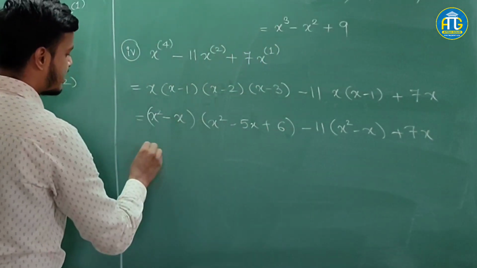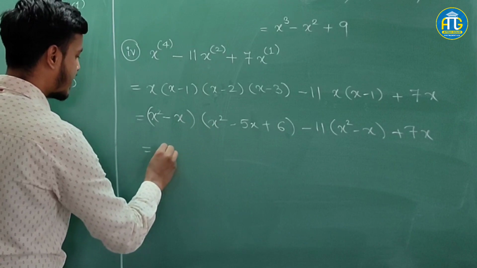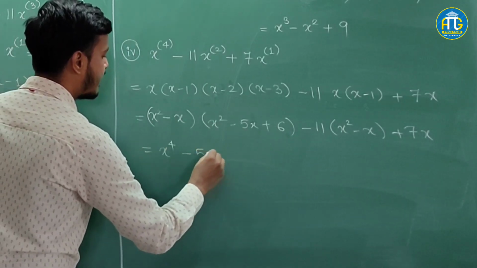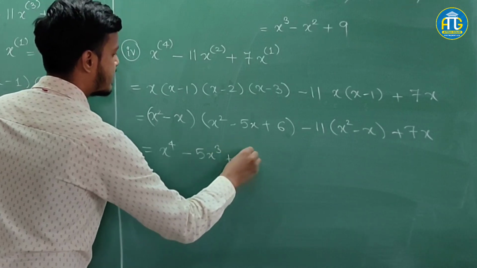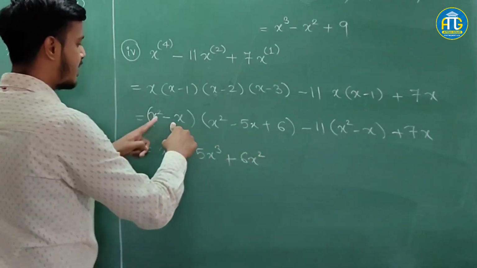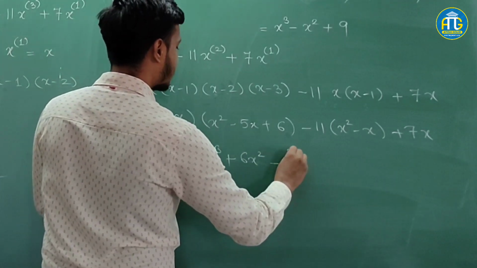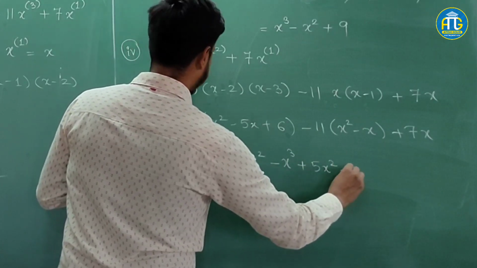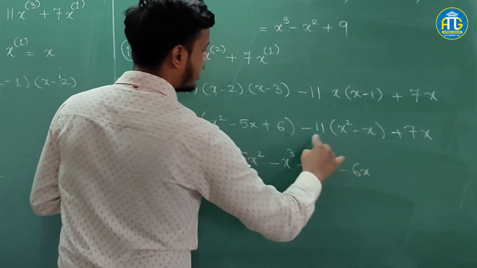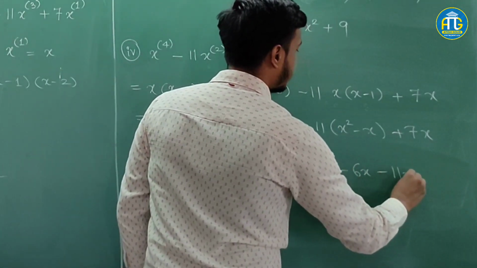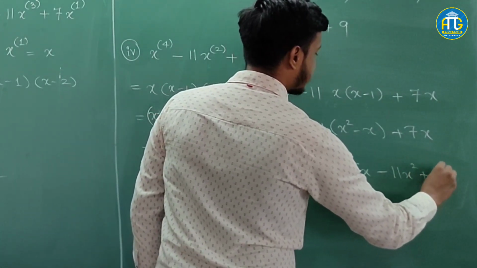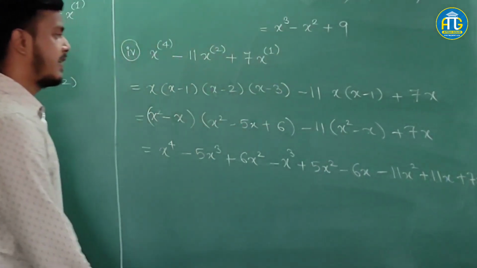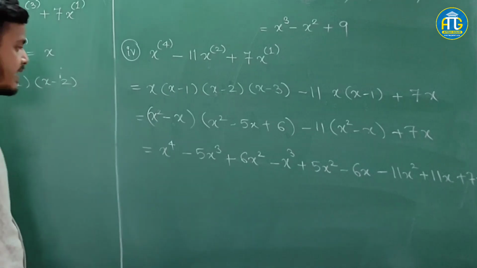Now you multiply this: x square into x square is x to the power 4, minus 5x cube plus 6x square, now multiplied by minus x, minus x cube plus 5x square minus 6x. Multiply this: minus 11x square plus 11x plus 7x. Okay, now collect the like terms.